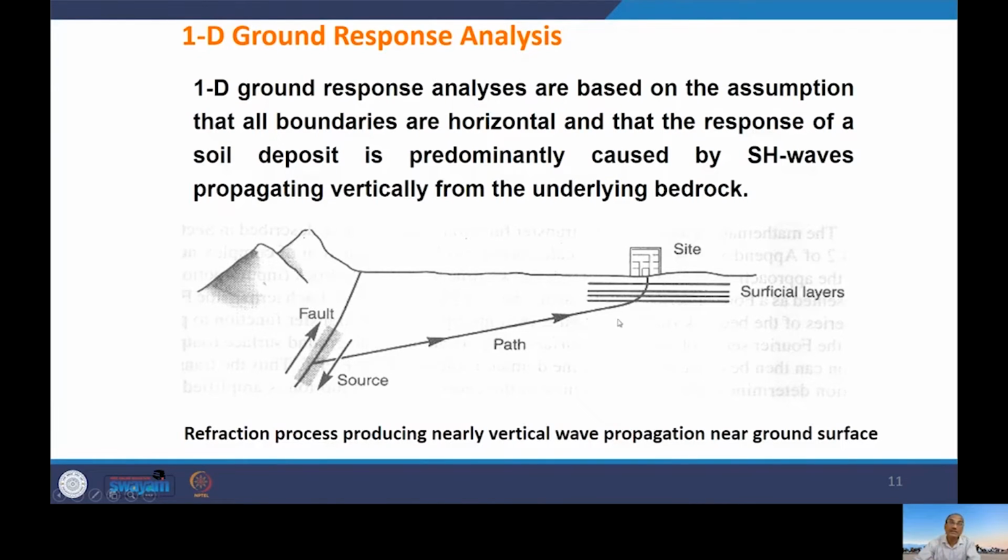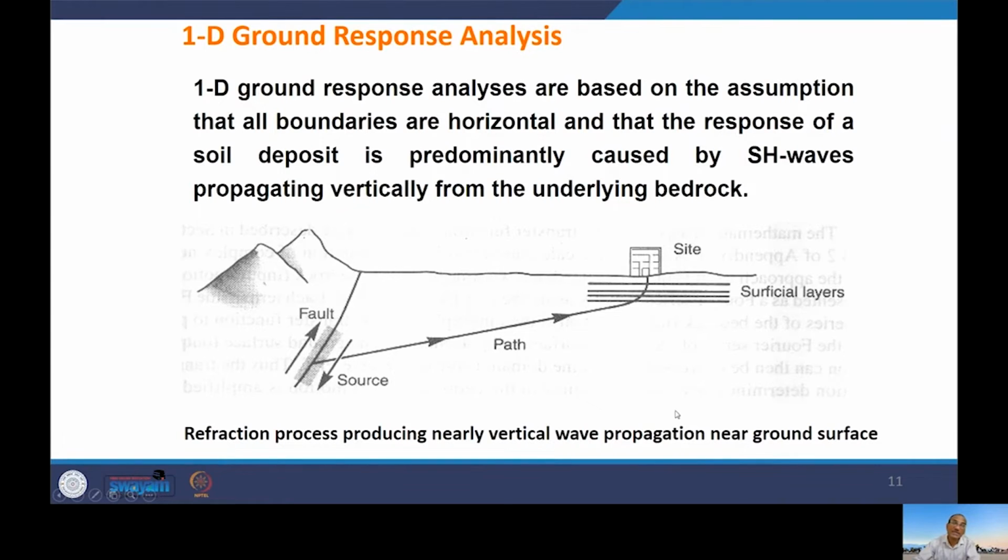But when they come near the surface, they pass through different geological and superficial layers, whose properties are different. As a result, there will be reflection and refraction at the interface of these layers, and they will bend these waves into vertical directions. When these waves come to the base of the structure, they become almost vertical. So the refraction process produces nearly vertical wave propagation near the ground surface.